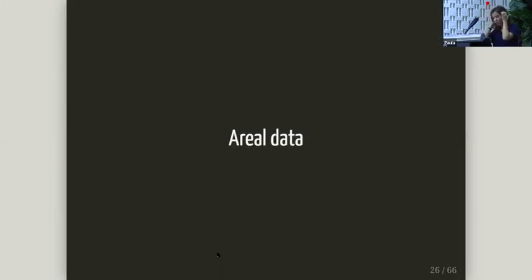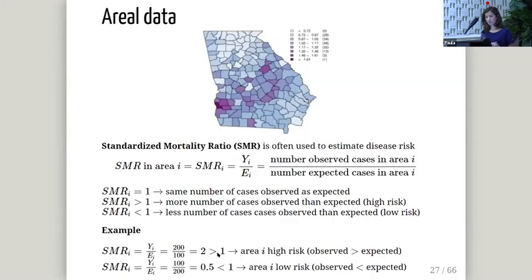Okay, so now we're going to see an example of areal data. As I said before, we have a region that is partitioned in several sub-areas, and we want to estimate disease risk in each area. We can calculate SMR, that is observed divided by expected.